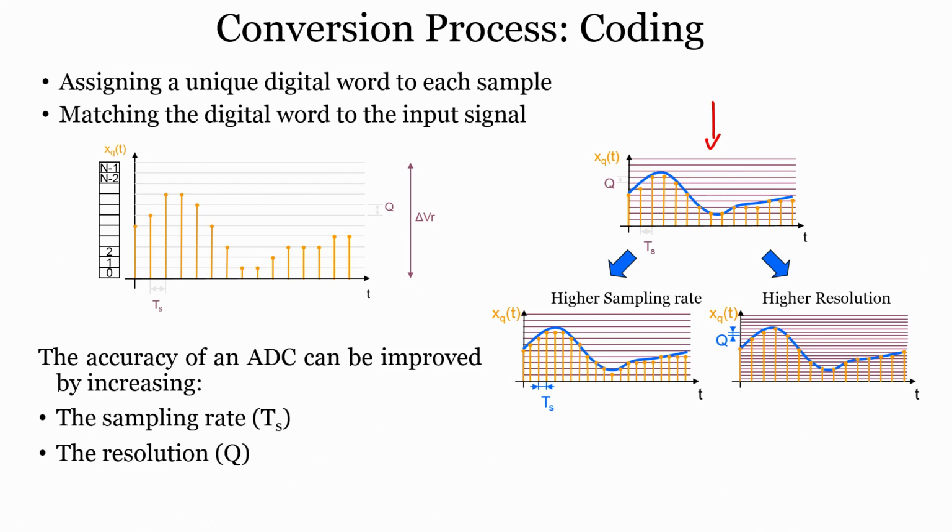By increasing the sampling rate, that is, how many times you sample, if this is the TS and I have an even smaller TS, then I have a higher sampling rate, and a higher sampling rate will form my analog signal in a better format. So, I can reconstruct my signal at some stage in a much better format. The same goes for higher resolution. The higher the resolution, the better the accuracy of the entire system.